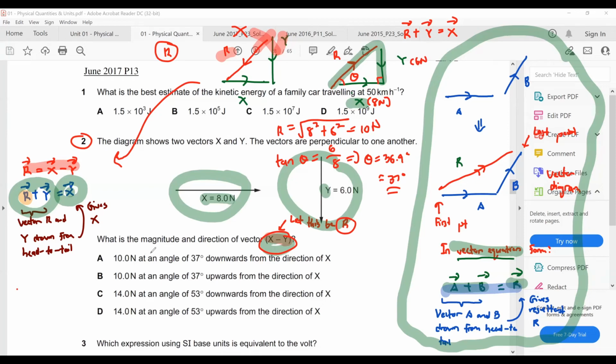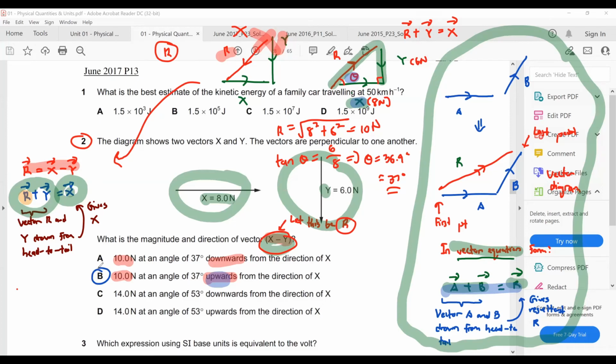So right now, what is the magnitude and direction of vector x minus y? It will be 10 Newton, either answer choice A or B, but at an angle of 37 degrees downwards from direction x or 37 degrees upwards from direction x. You can see from here, this one is your vector x. It's actually 37 degrees outwards from your direction of x.